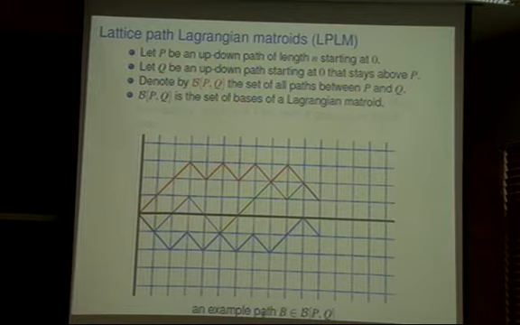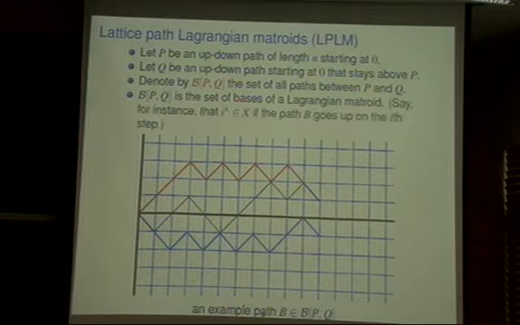Right? One such up and down path. And the collection of all such up-down paths that live inside the red and the blue, that live in between, that's going to be called a Lagrangian matroid. I mean, more than just a Lagrangian matroid, this will be a lattice path Lagrangian matroid.